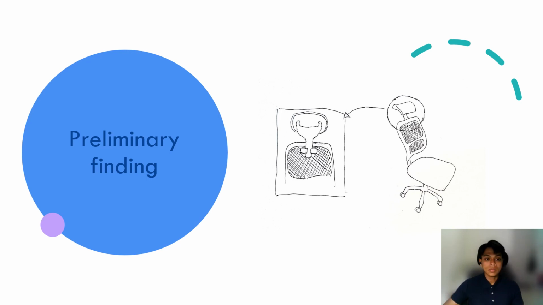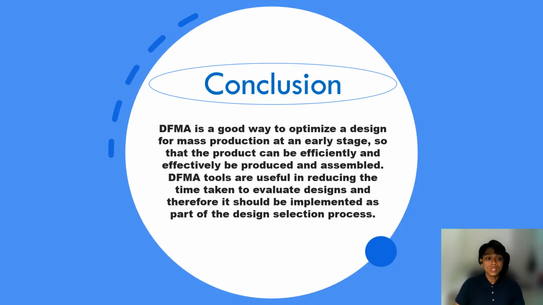So for the conclusion, DFMA is a good way to optimize a design for mass production at an early stage, so that the product can be efficiently and effectively produced and assembled. DFMA tools are useful in reducing the time taken to evaluate designs, and therefore should be implemented as part of the design selection process.